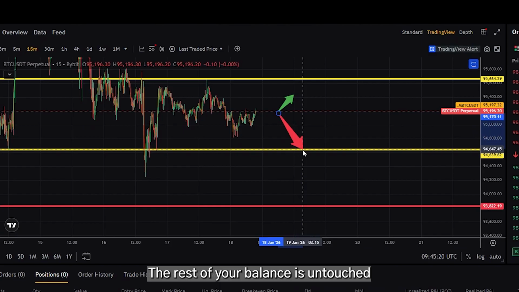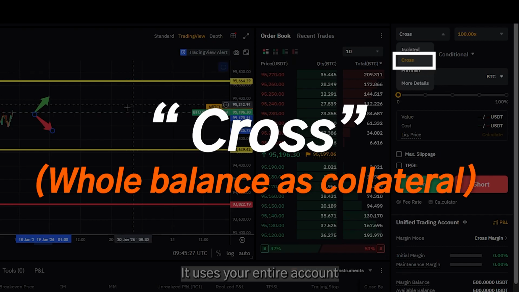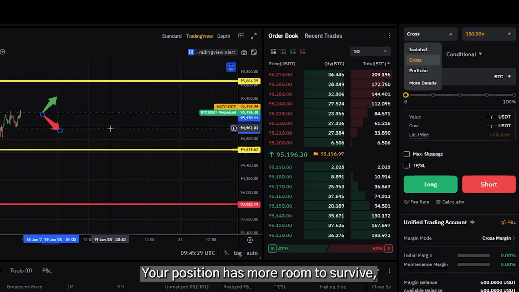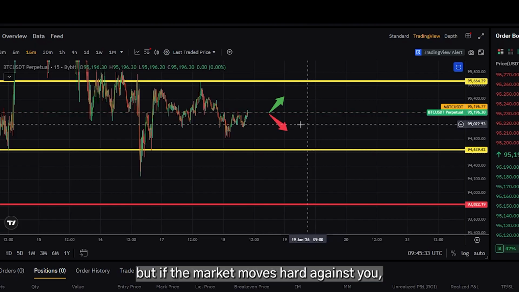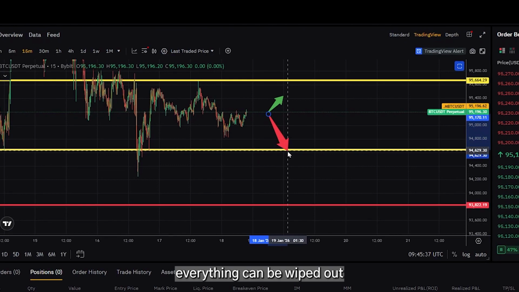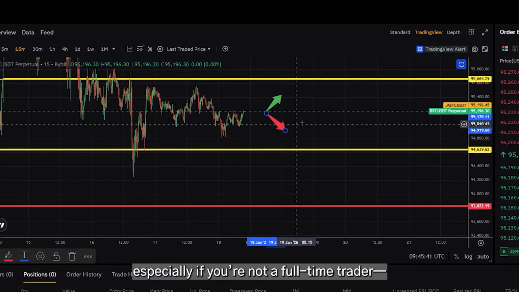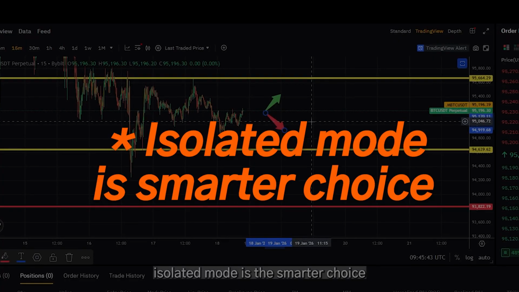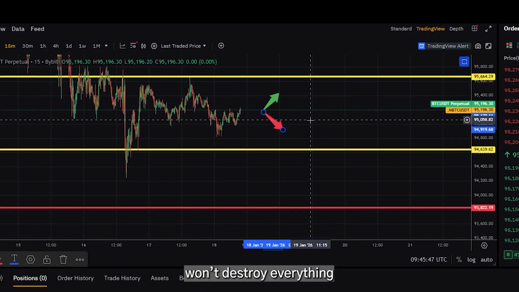The rest of your balance is untouched. Cross mode is different. It uses your entire account as collateral. Your position has more room to survive, but if the market moves hard against you, everything can be wiped out. For most people, especially if you're not a full-time trader, isolated mode is the smarter choice. One mistake won't destroy everything.